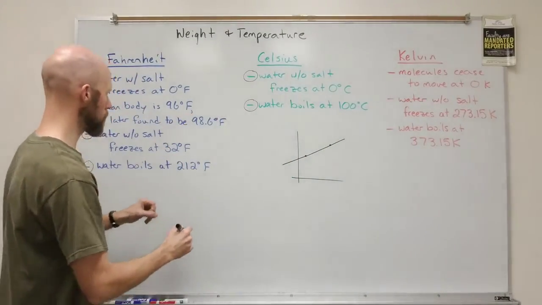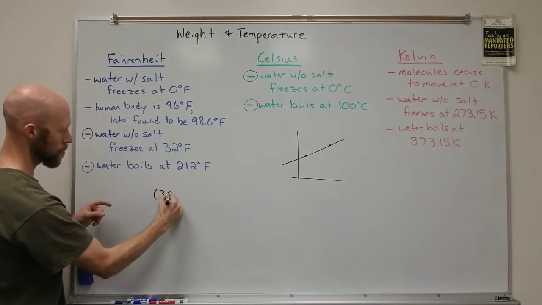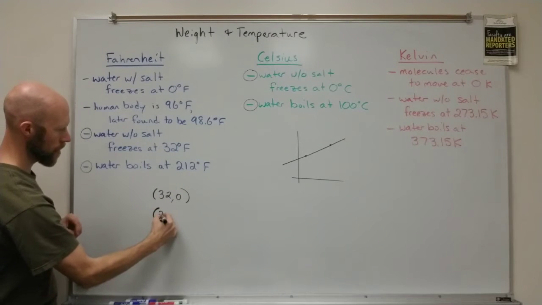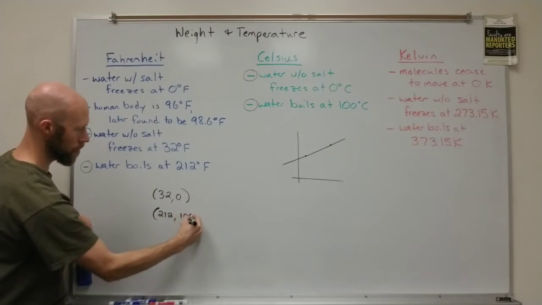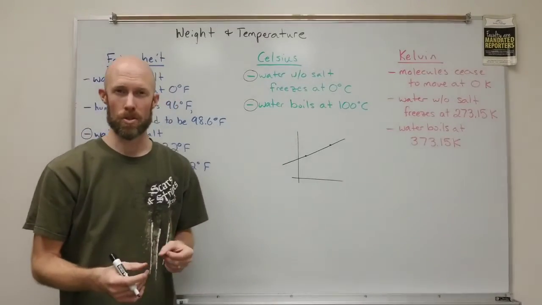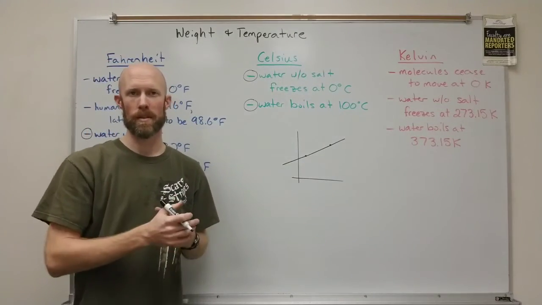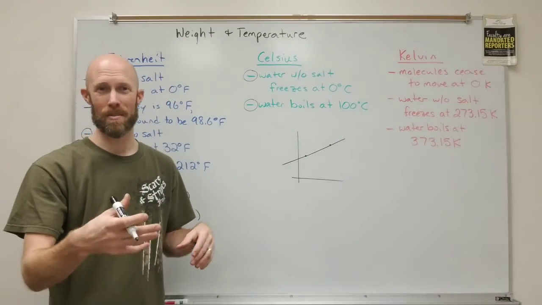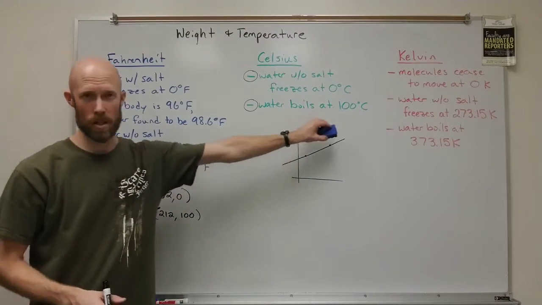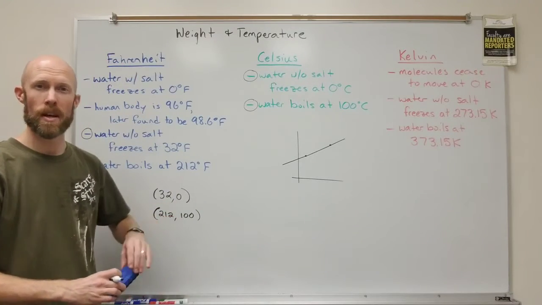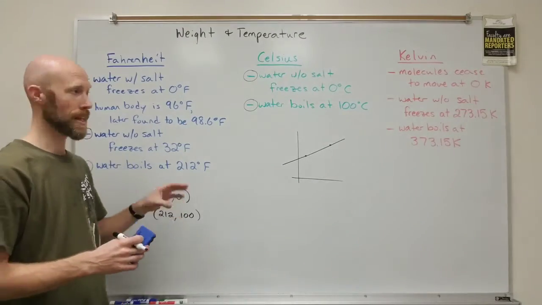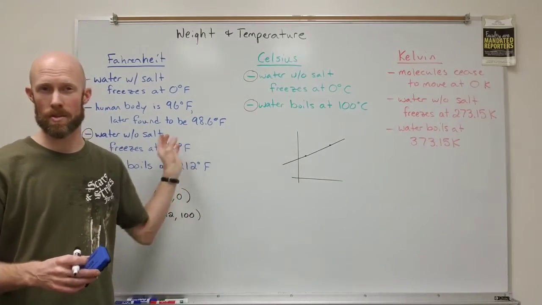Well, if I take the points 32 comma 0, that's the freezing point of water, and 212 comma 100, that's the boiling point of water, and I use the slope formula and the slope-intercept formula, which we haven't studied and won't study, but it's a very interesting algebra process, you can come up with the equation of the line that connects the 2 points. That gives us our conversion for any degree Fahrenheit to Celsius or Celsius to Fahrenheit.